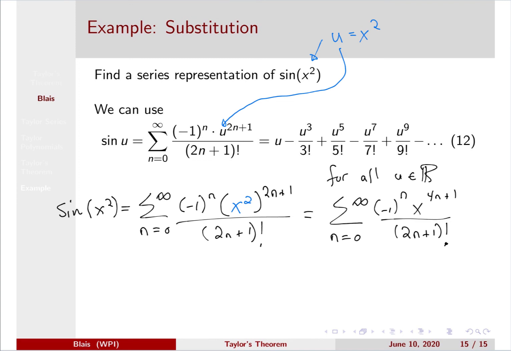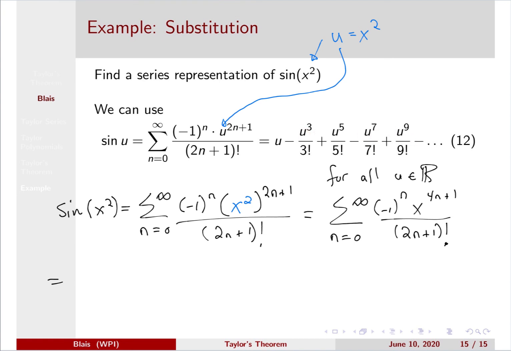Another way we could see that, you can work directly with the sigma notation, or we could work with the terms as they're written out and then figure out how to write it in sigma notation. So we could also write this as plugging in this x squared for these u terms here.